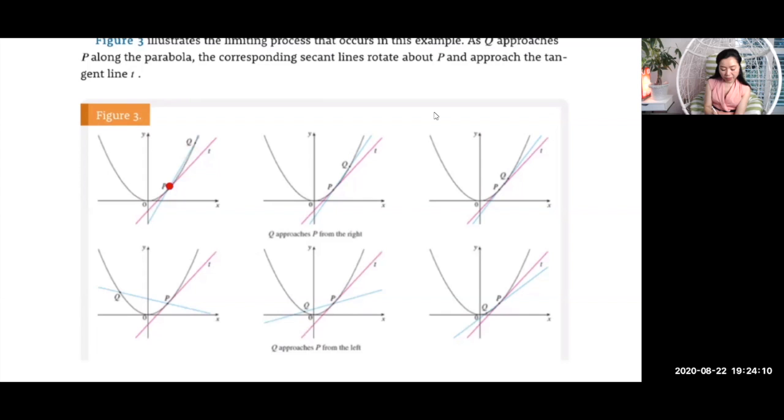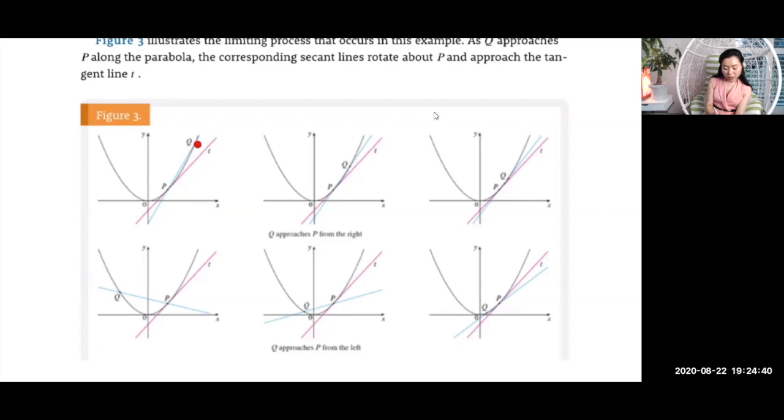If you move Q closer and closer to P, here's the secant line, and if you move it even closer, here's the secant line. As you can see, as Q moves closer to P, this blue secant line is getting closer and closer to this tangent line.